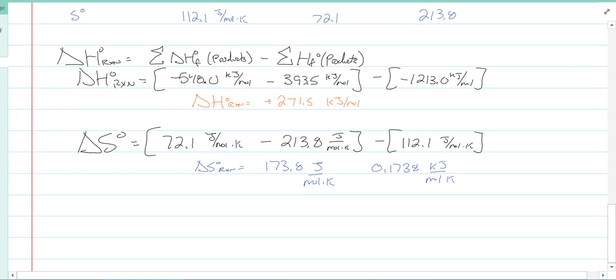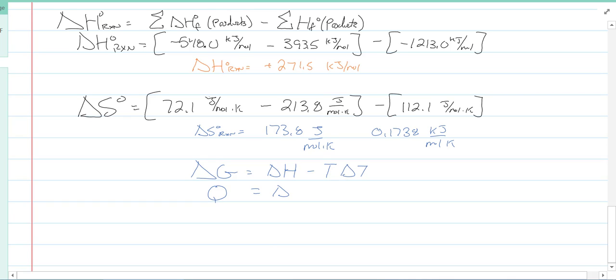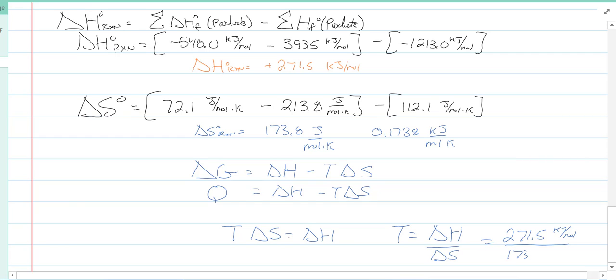So now we're going to solve delta G equals delta H minus T delta S, and we're going to solve for T. Delta G is going to be 0, so 0 equals delta H minus T delta S. Therefore, T delta S equals delta H. So my temperature will be delta H over delta S, which is 271.5 kilojoules per mole all over 0.1738 kilojoules per mole Kelvin.